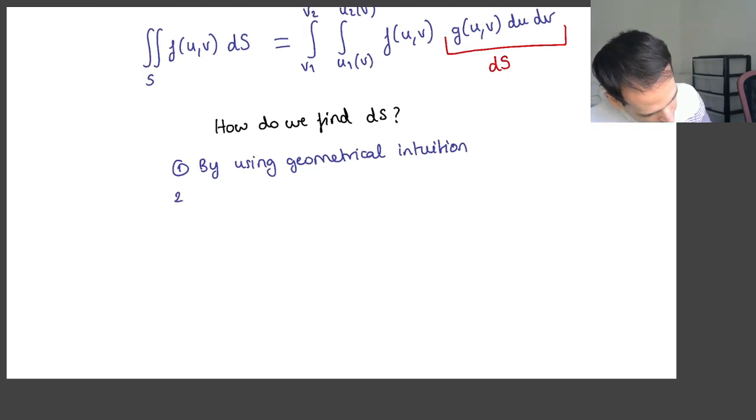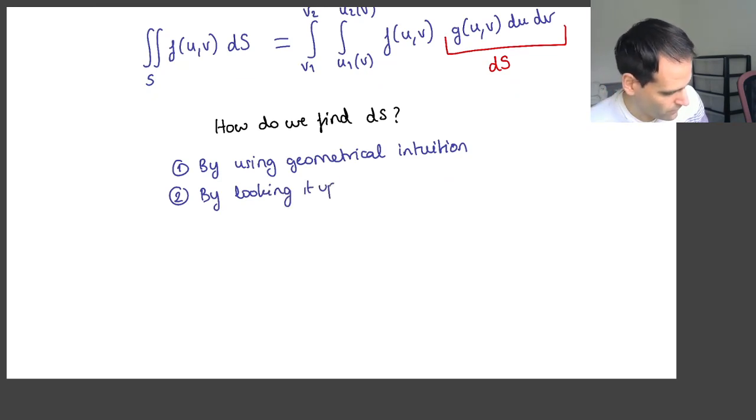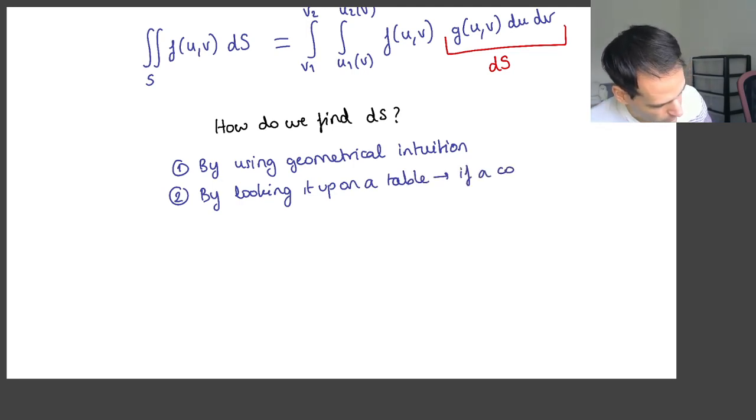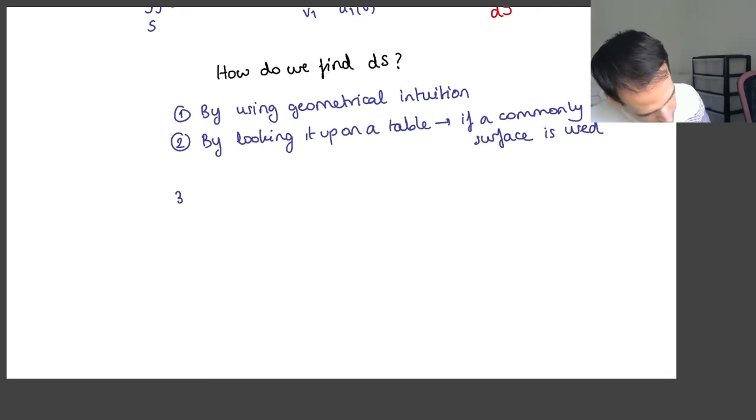The second method is by looking it up on a table for very common, if a common surface is used. And the third method is by following a recipe.